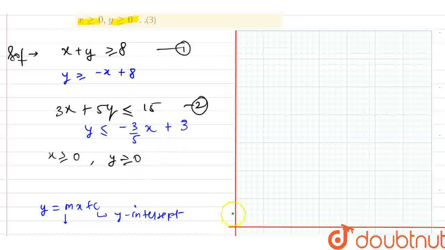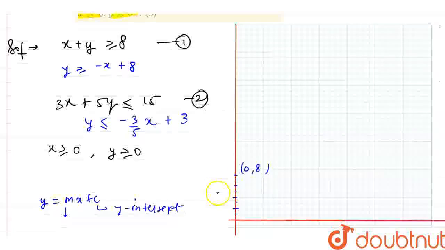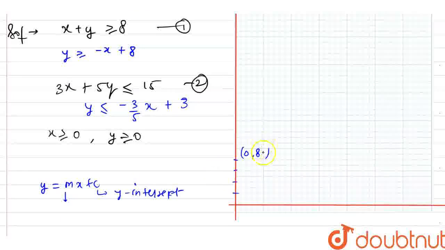So I'm going to take my divisions: 1, 2, 3, 4, 5, 6, 7. I'm taking 2 blocks at a time, so it looks like this. According to this, my 8 will be about here, so it can be written as 0 comma 8. Corresponding to this point on the x-axis, I'm going to put y equals 0 in the first equation.